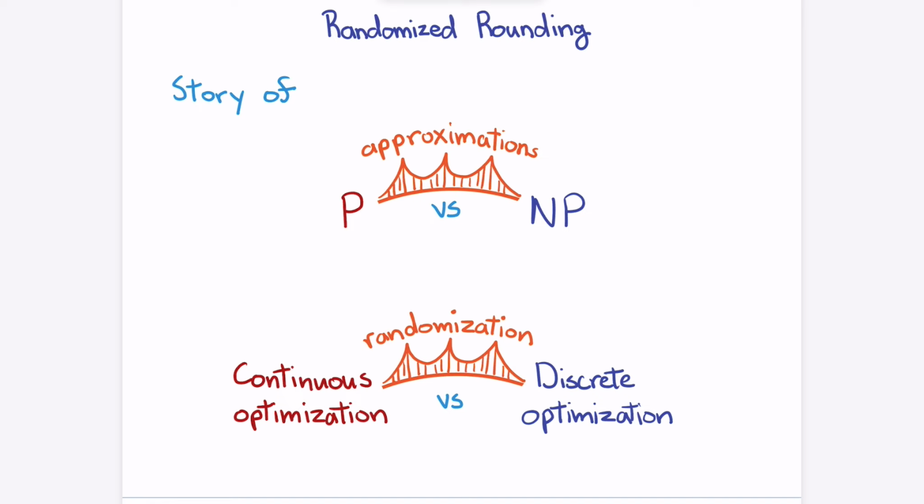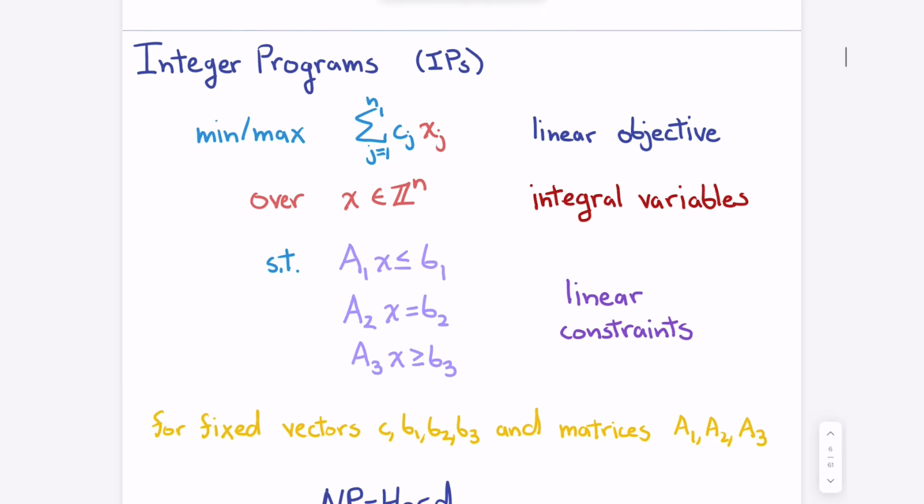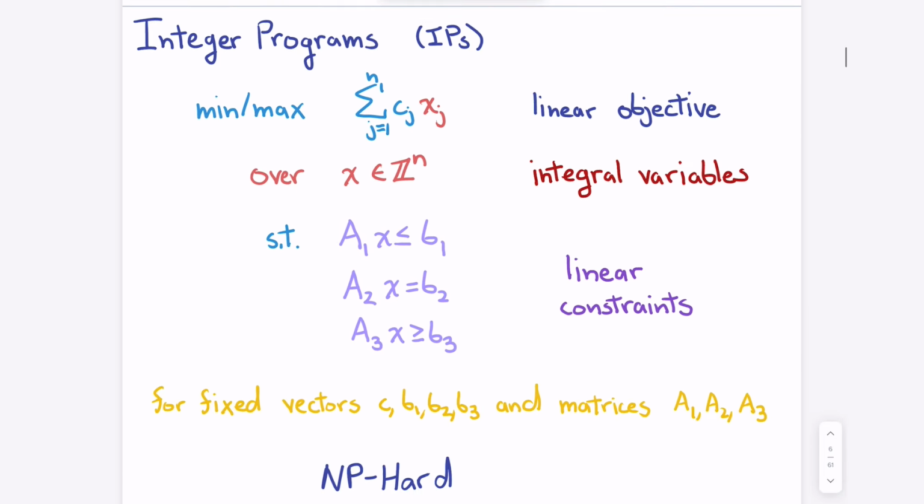The world we live in is sort of discrete, but we're going to use continuous optimization to help us with these discrete problems. So, okay, on the discrete side, there's a very general class of problems called integer programs. Okay, so what are the main characteristics? So first of all, this is a mathematical problem of some kind. It's a little abstract, but it's not hard to come up with why they're useful.